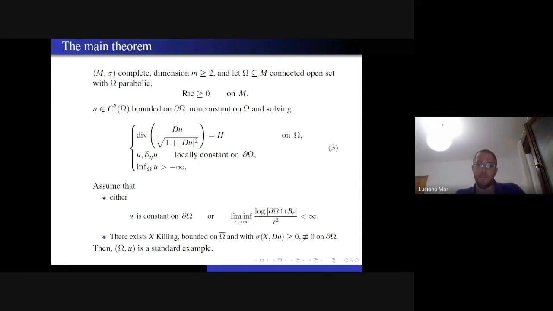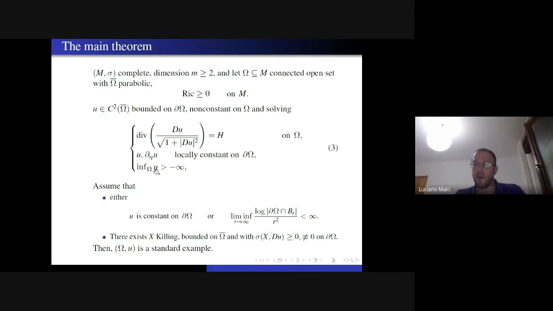Just a couple of words to comment on how the proof works. The main point is that under this condition, infimum of u bigger than minus infinity, u and the partial derivative of u locally constant, we have an analogous gradient estimate to the one that I showed you for minimal graphs, for CMC graphs, that shows you that the graph of u is globally bounded. In our assumption, and we need also the boundary assumption, we have bounded gradient.